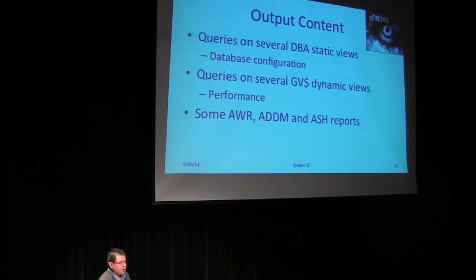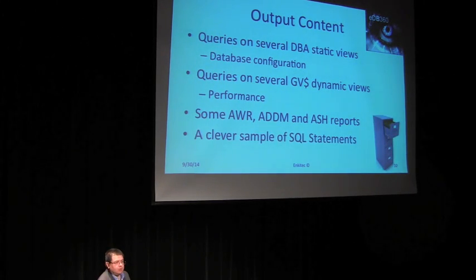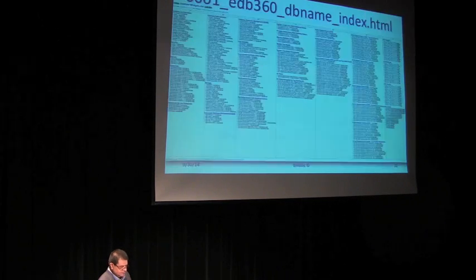It also has some AWRs, some ADDMs, and some ASH reports. It's going to select which ones we care about. And a sample of SQL statements. I mean, as you know, if you are doing performance for a database, it's quite common that at the end, you will need some SQL tuning. So basically, it's going to give you a heads up on those SQLs that require some attention.